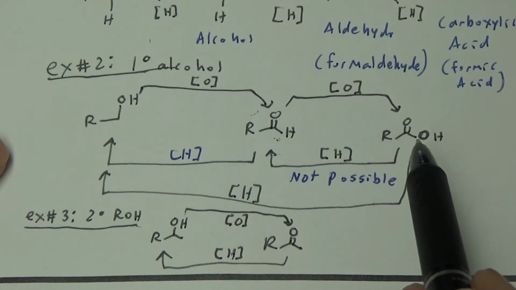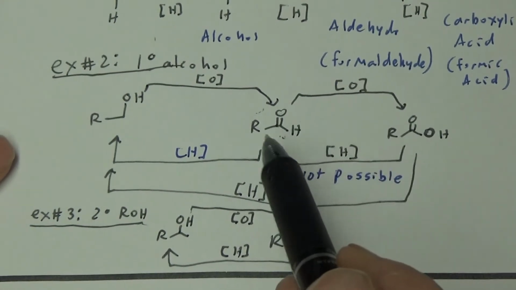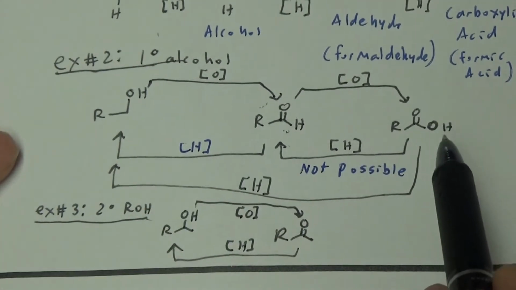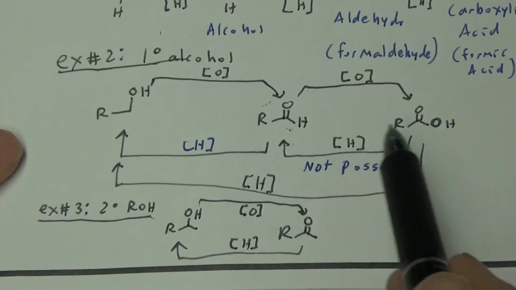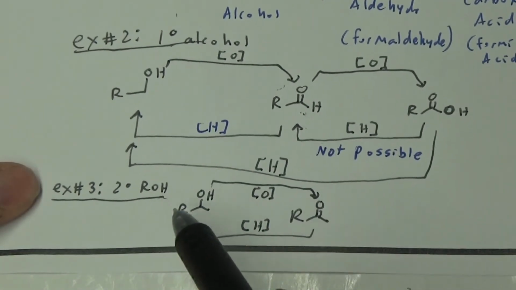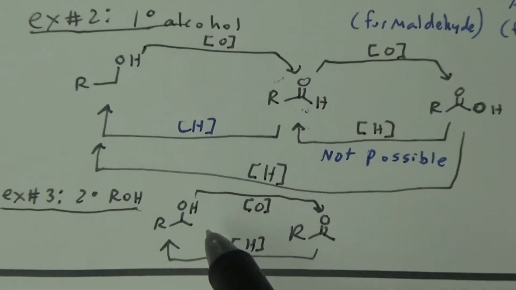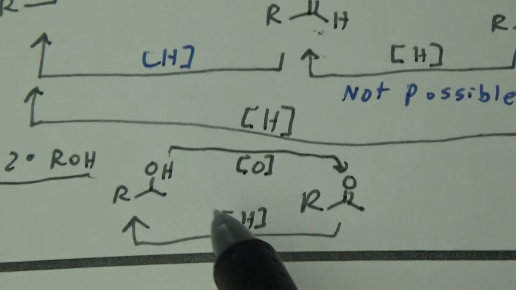You can't go from a carboxylic acid to an aldehyde. You can go from aldehyde to an alcohol. You can also go from carboxylic acid all the way down to an alcohol. And we'll learn all of these methods very shortly. And then if you have a secondary alcohol, you can do a one-step oxidation to ketone or a one-step reduction to the secondary alcohol.